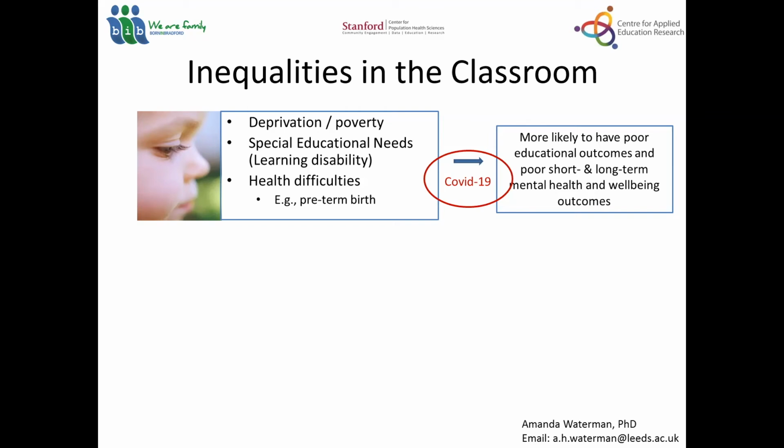But it still has been difficult for children to miss that classroom experience, the normal education experience, and it's been even more difficult for children with pre-existing vulnerabilities, such as a learning difficulty, such as health problems, or living in poverty. So we also want within this group to think about the difficulties that have come from the global pandemic and how we can also factor that into what we do.